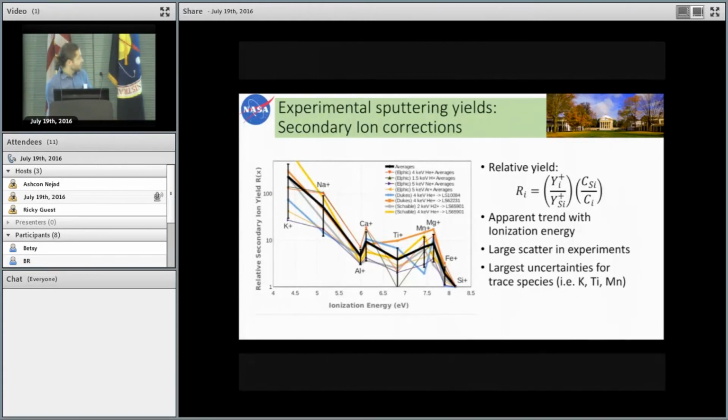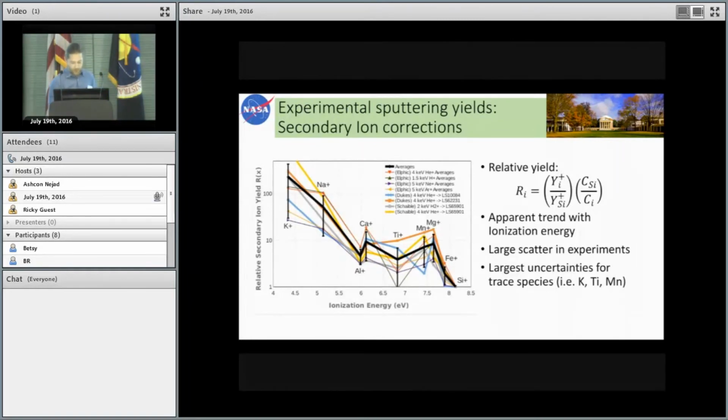So these relative yields can then be used to correct a detected secondary ion spectra, and we refer everything here to silicon because silicon's present in most meteorites that we have in sufficient abundance to be detectable. So we can correct a detected secondary ion spectra in space to then determine what is the composition of an element with respect to silicon on the surface.